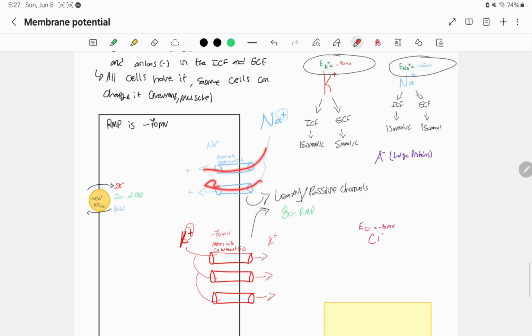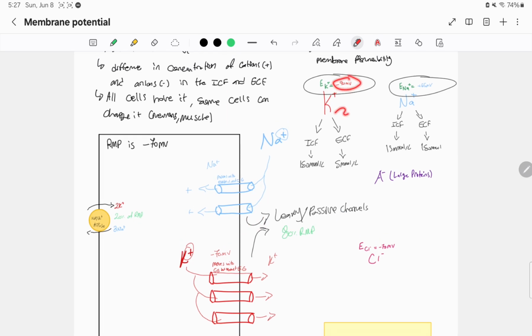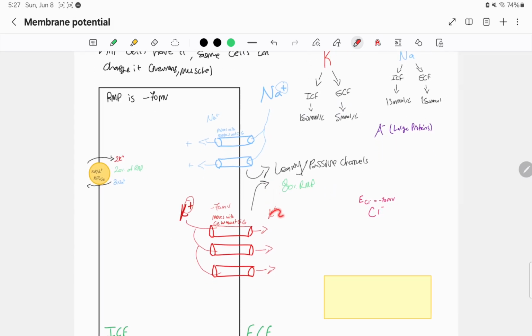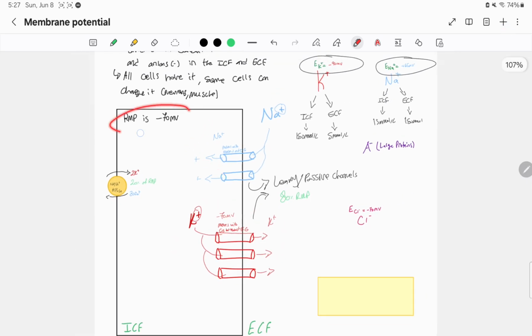Sodium will also be moving in, but in smaller amounts because there are fewer sodium leaky channels. So instead of reaching negative 90, sodium will counteract some of that, and it'll bring us to negative 70. It'll make the inside a little bit more positive than it would have been if only potassium was present. So that's why we land at negative 70 millivolts.